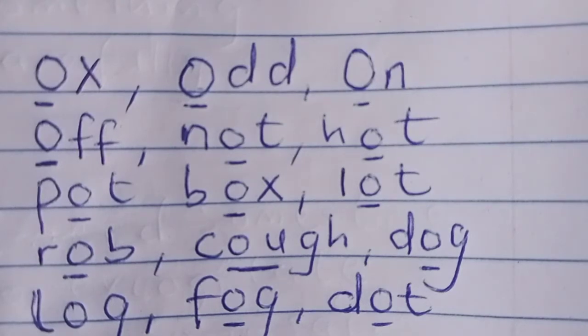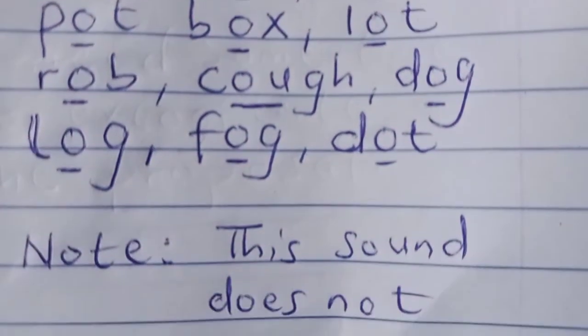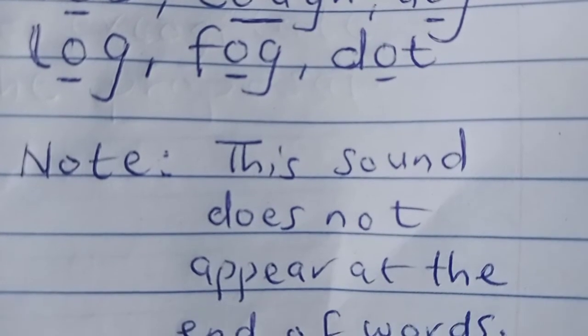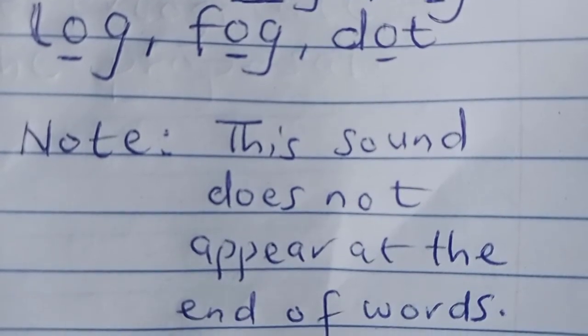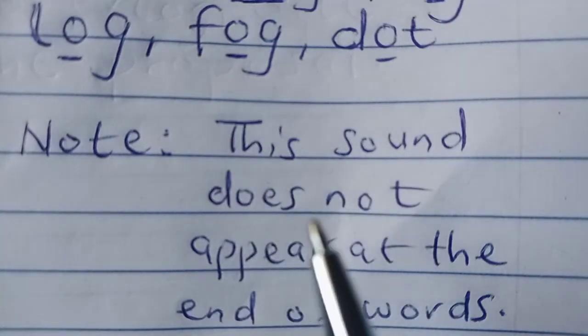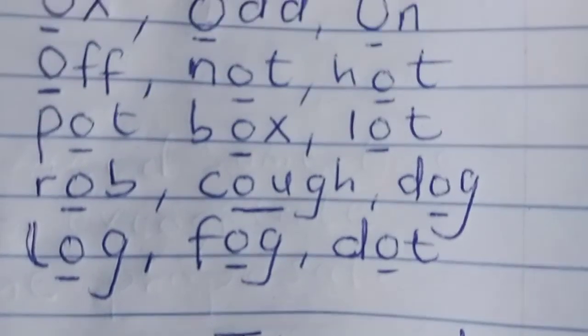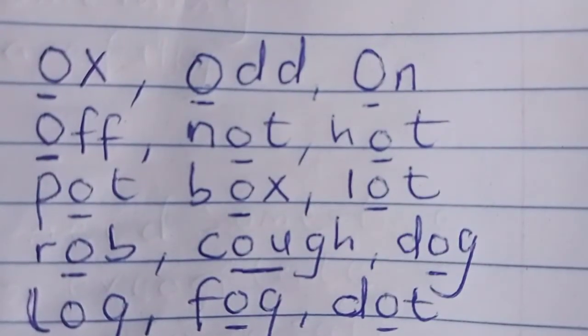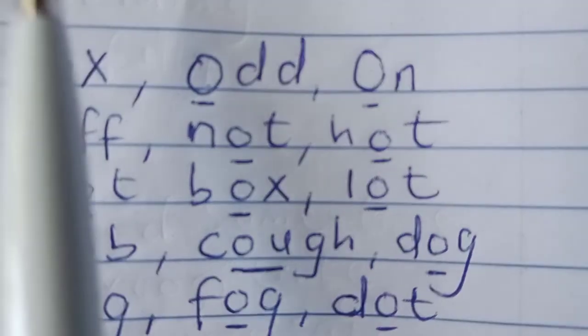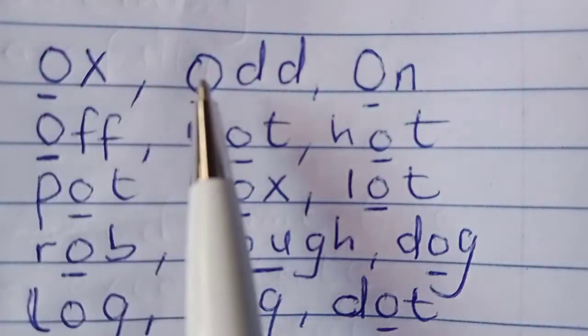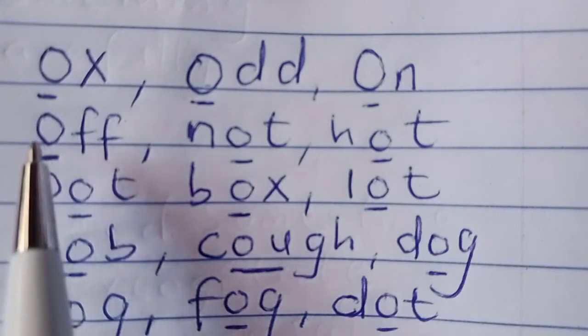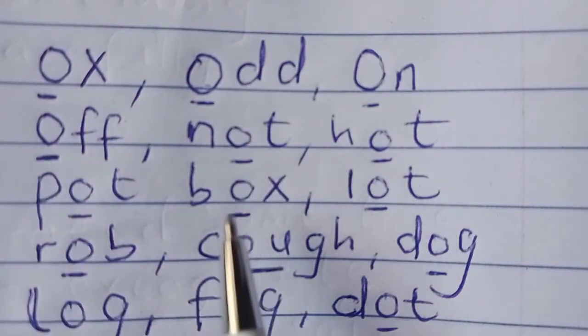Now, like you might have noticed, this sound, like some sounds we've done previously, does not appear at the end of words. So that means that this sound can never be the last sound in a word. The sound can appear at the initial position or at the middle position.